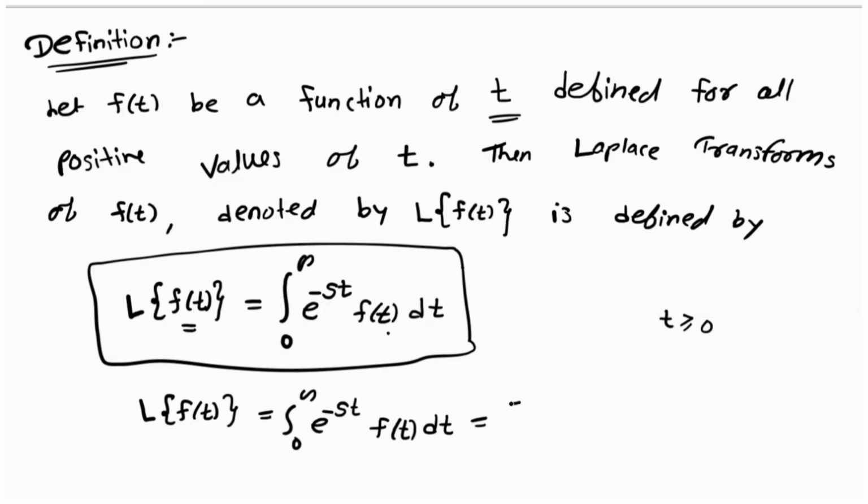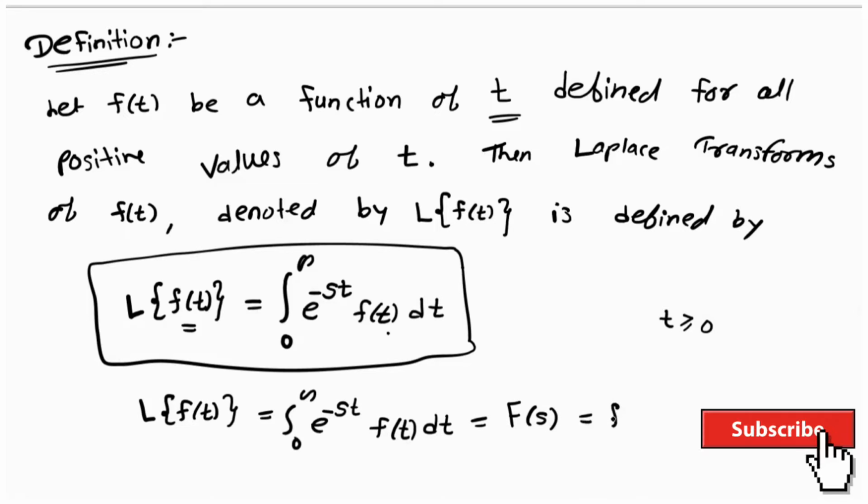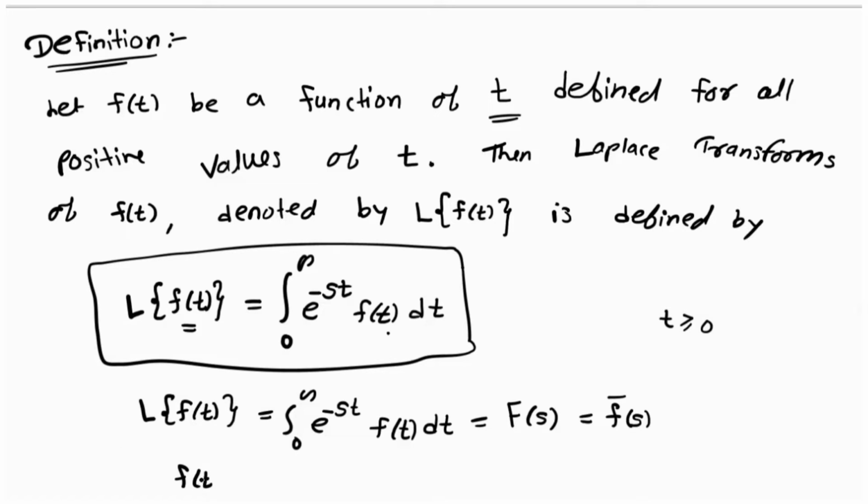That's why we denote this term as capital F of s, or in some books they use the notation F of s bar. So either you can use F of s or this notation F of s bar. And this f of t, the function, is the inverse Laplace transform of F of s.